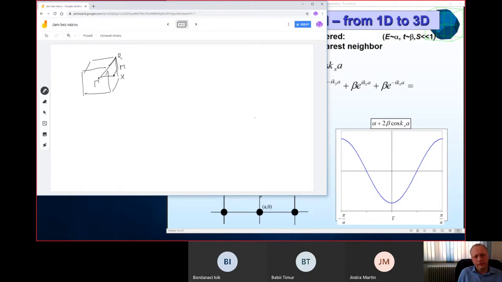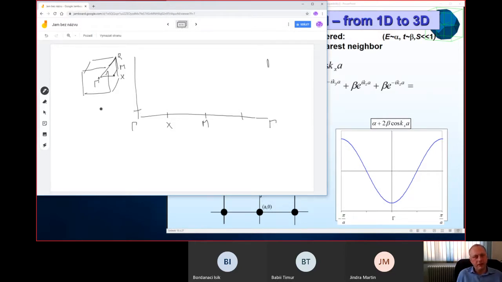So we could plot the band dispersion from gamma to X to M, then to R and back to gamma. We would have the lowest energy at the gamma point, I think.